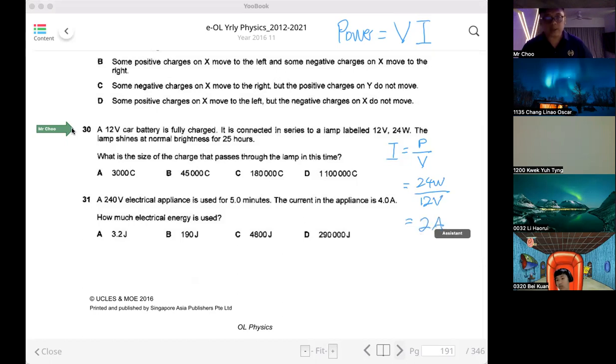Based on this, can you calculate what is the charge that passed through the lamp? Qiao Xing, well done. Oscar, well done.